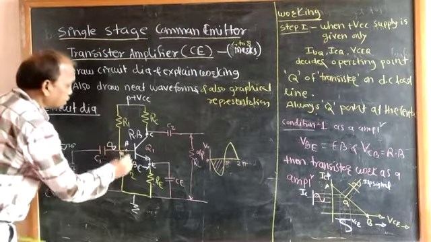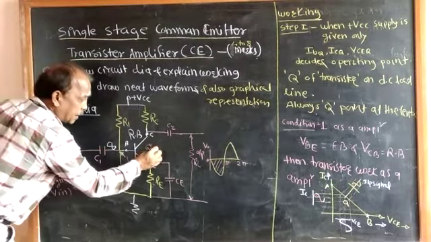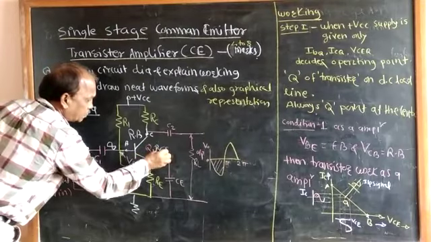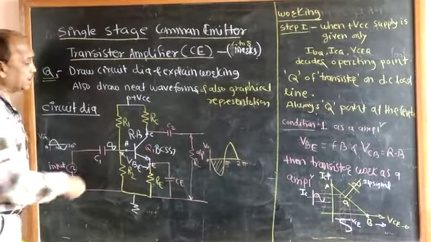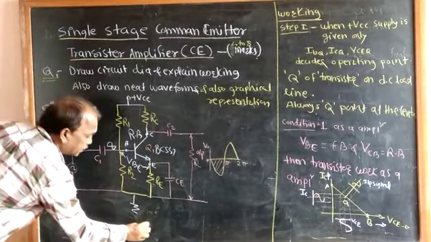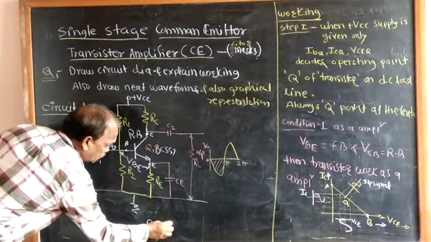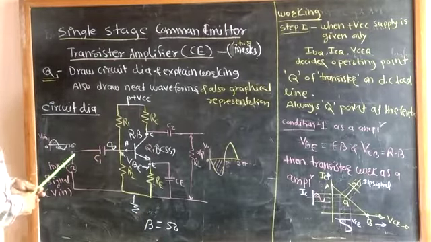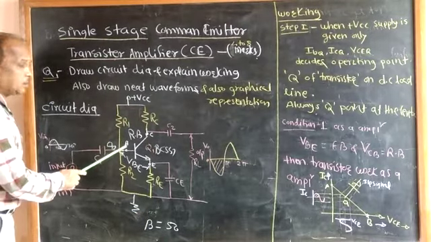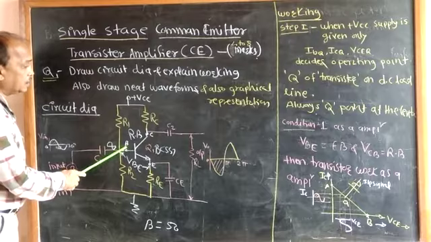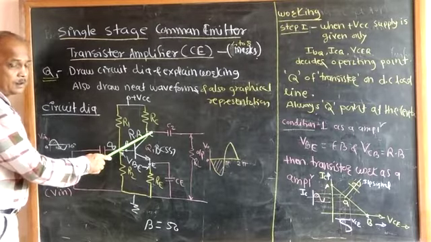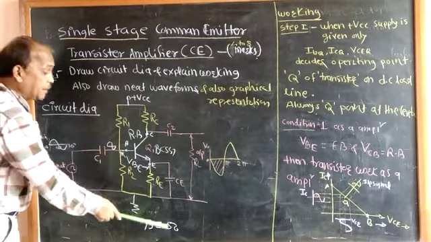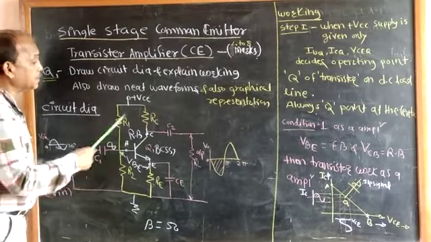For example, practically we use a BC547. Suppose the gain of BC547, beta, is near about 50. Then if a 1 microvolt signal is given, at the collector terminal we get 50 microvolts. So it amplifies 50 times.